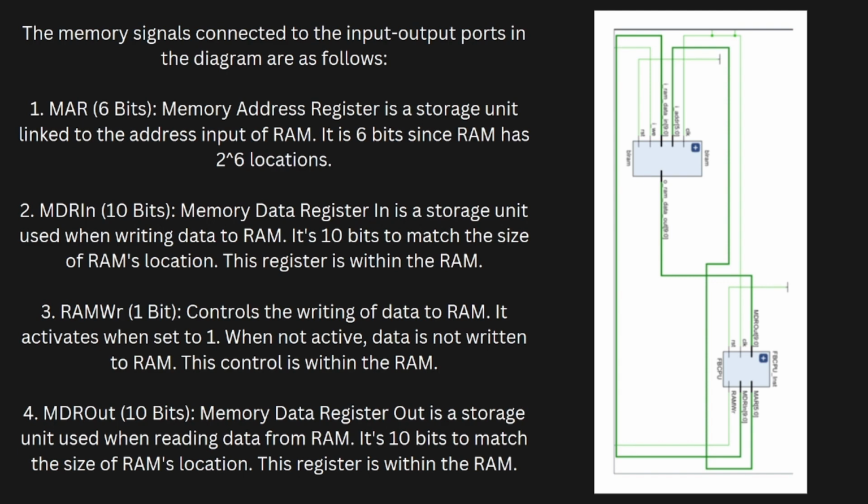MDR out is 10 bytes, a memory data register and storage unit, like MDR in, which is the input, and this is the output. When reading data from RAM, it's 10 bytes to match the size of RAM's locations. This register is within the RAM, like MDR in.